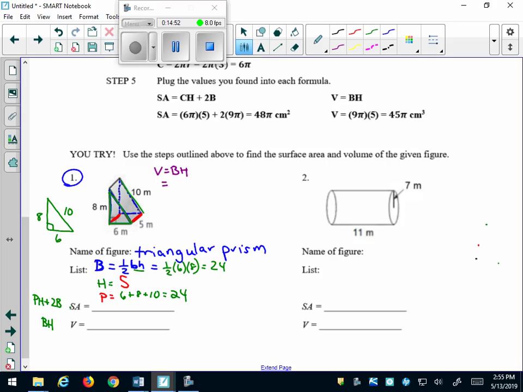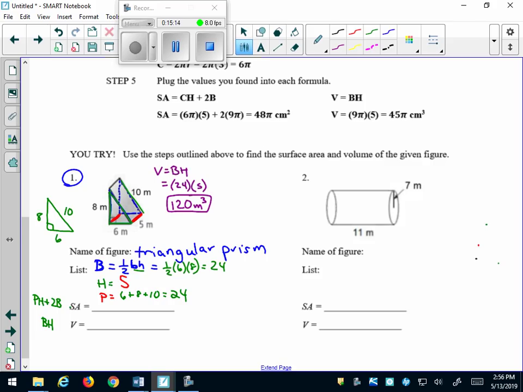Now that we have our list, it's super easy. We're going to take the B is 24, H is 5, and we're going to multiply 24 times 5, and that gets us 120 cubic meters. Volume is cubic.